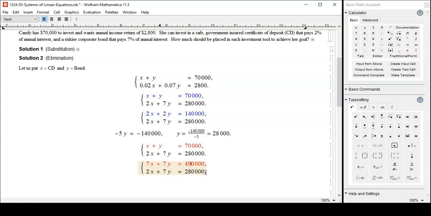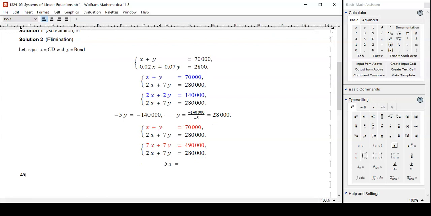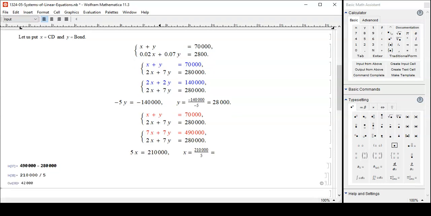Okay, that's what we get. And then we subtract. So 7y minus 7y will be gone. 7x minus 2x, you're going to get 5x equals, okay, I learned my lesson. No more mental math. So 210,000. So x is that divided by 5, which had better be 42,000.